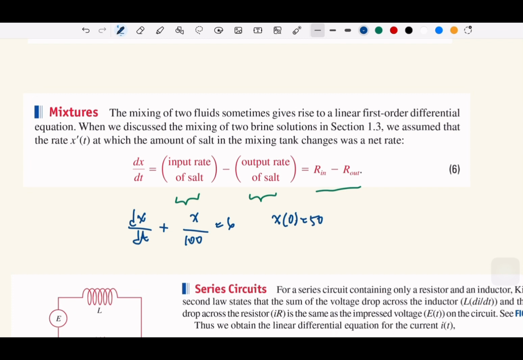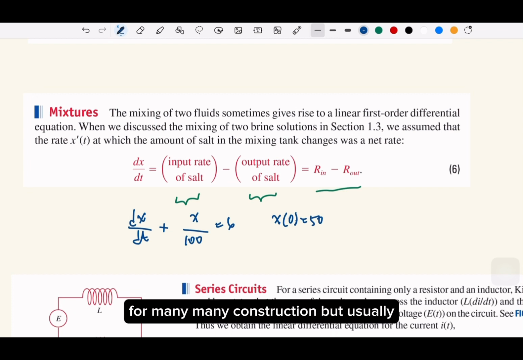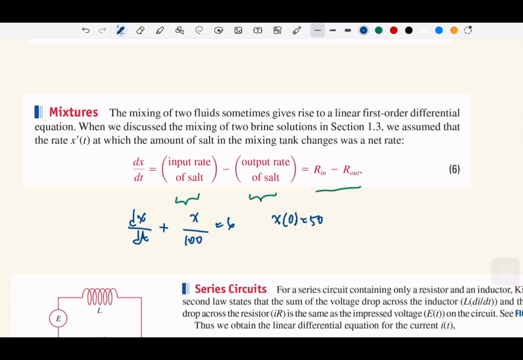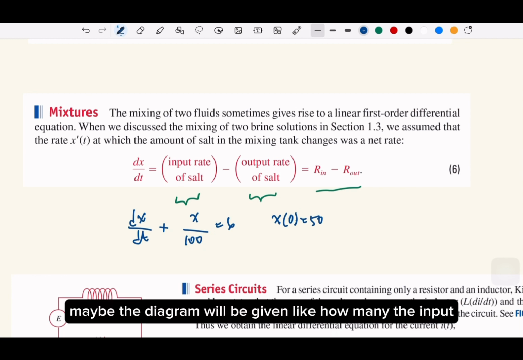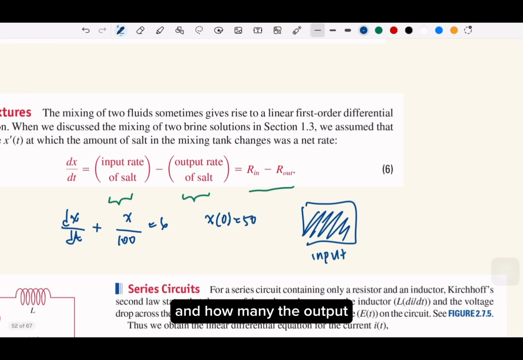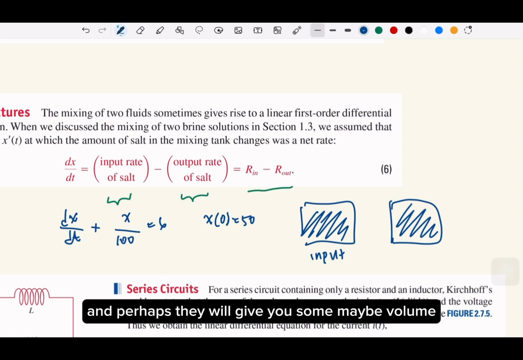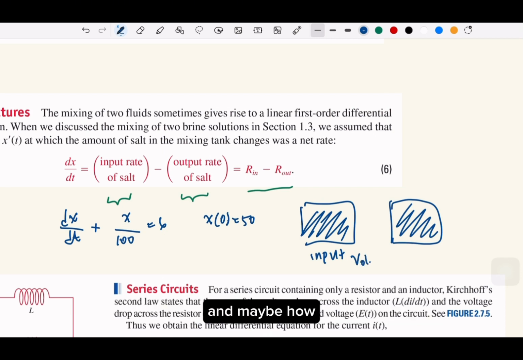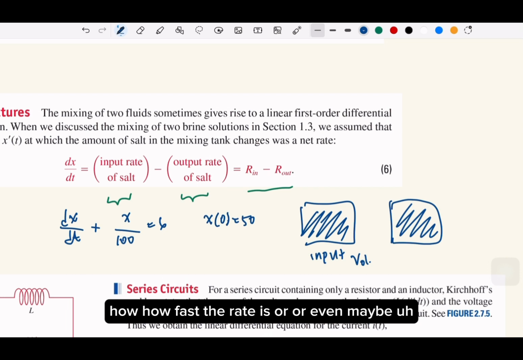Okay, it is also able to simulate many constructions, but usually you can also draw the diagram. Maybe the diagram will be given, showing how much is the input and how much is the output, and perhaps they will give you some volume and how fast the rate is, or even the pump, usually in gallons per minute.